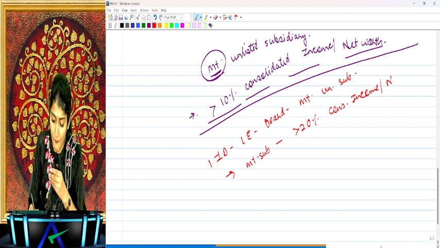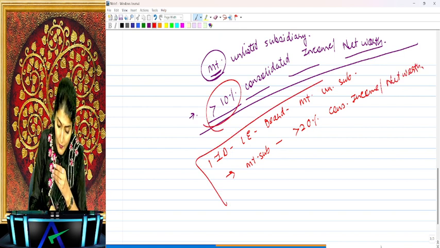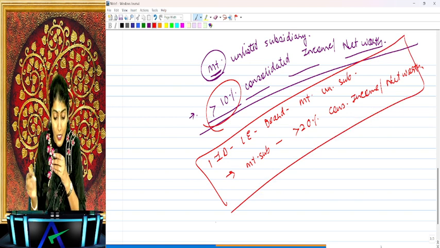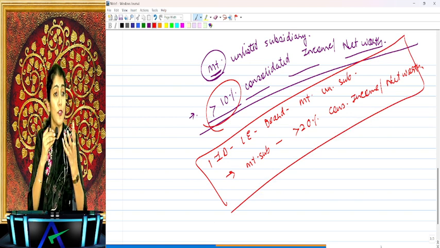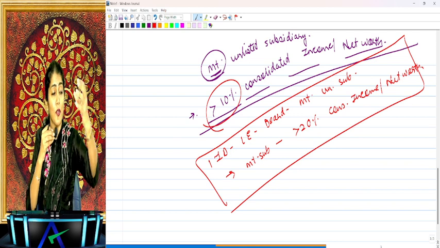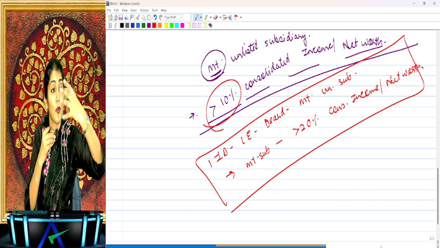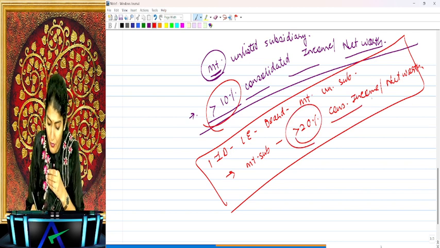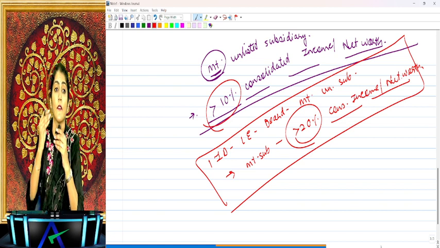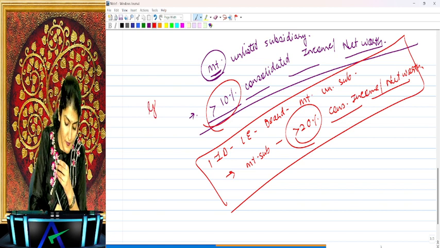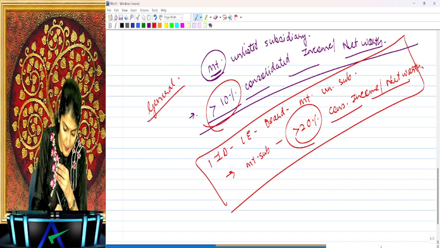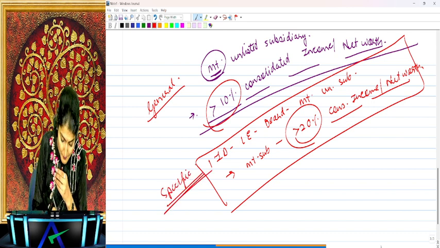Generally, the definition of material subsidiary is if it exceeds 10%, but only for this one requirement, when should one director of the holding company also be on the board of the subsidiary? When it contributes more than 20% of the consolidated income or the consolidated net worth. This is the general material subsidiary, and this is specifically for this one particular requirement.